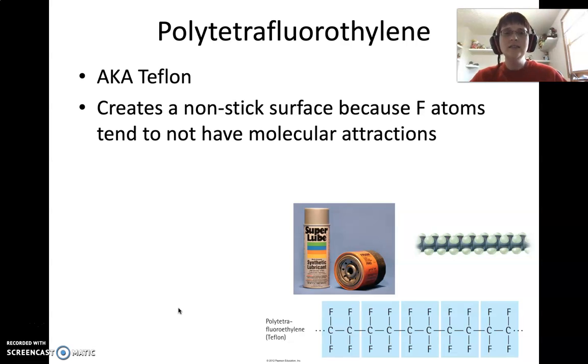It creates a non-stick surface on things like pans because of one atom that's in this polymer. So you can see it's got a carbon backbone in the monomers, but on either side it's got fluorine. And fluorine atoms, when they're in these monomers, tend not to be attracted to other molecules.